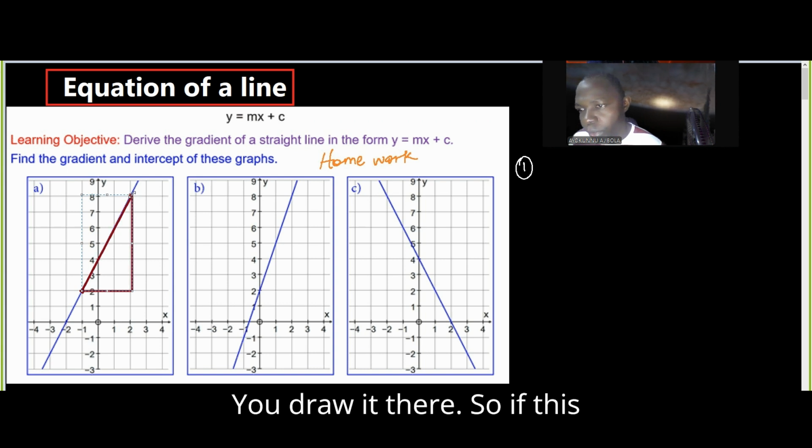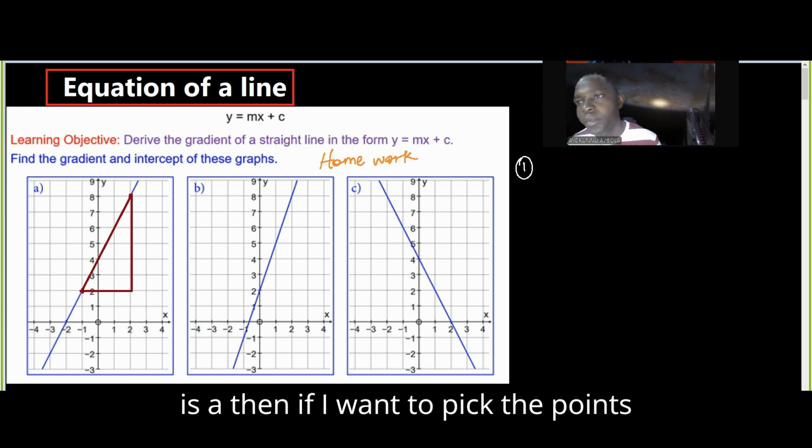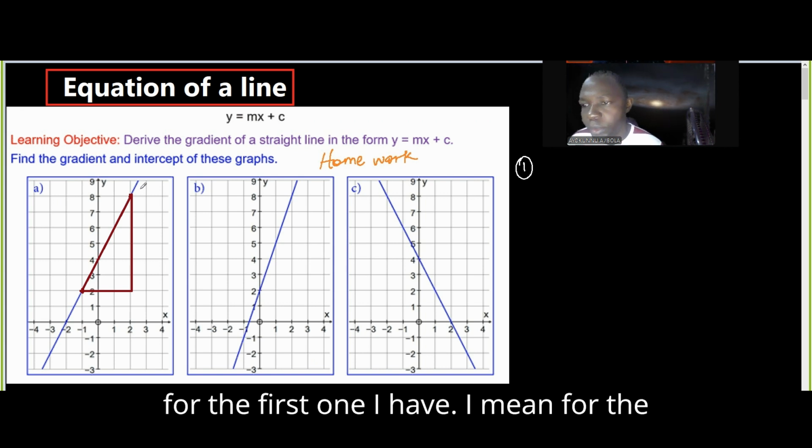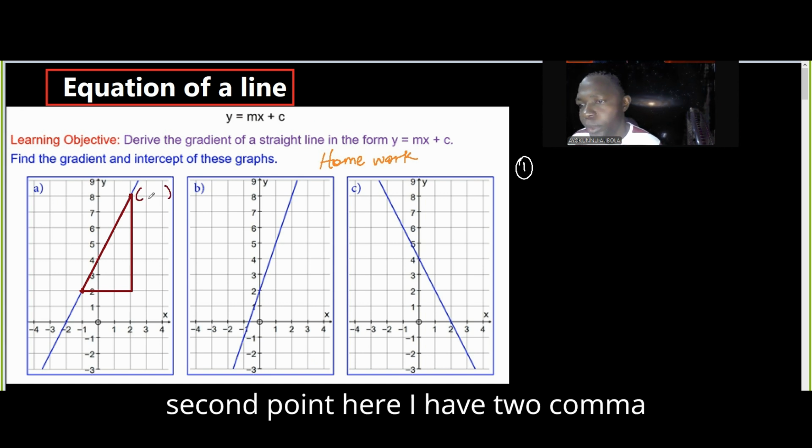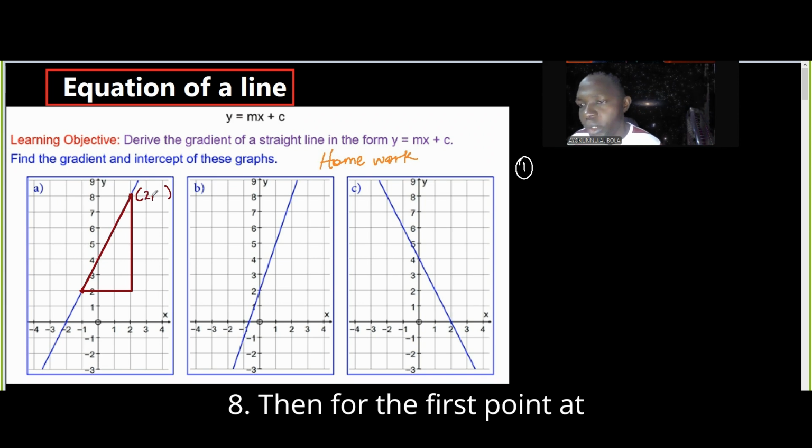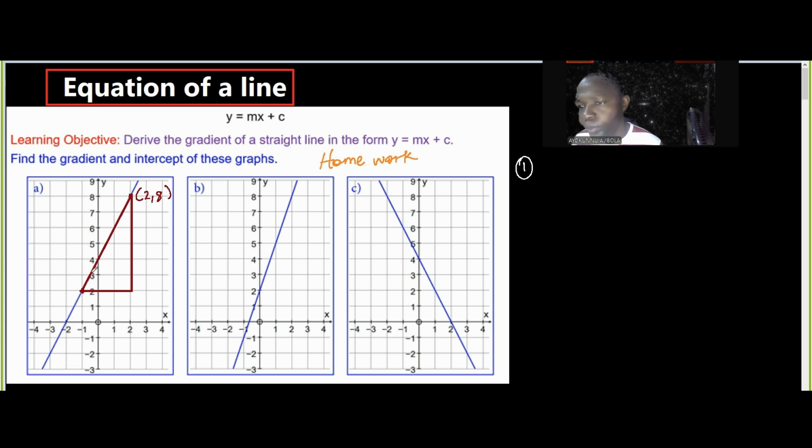It's not compulsory you draw it there. So for the second point A, I have 2 comma 8. Then for the first point at the bottom, I have minus 1 comma 2.